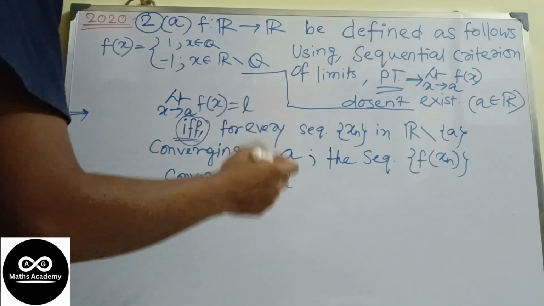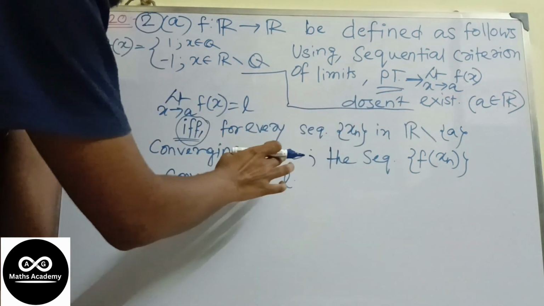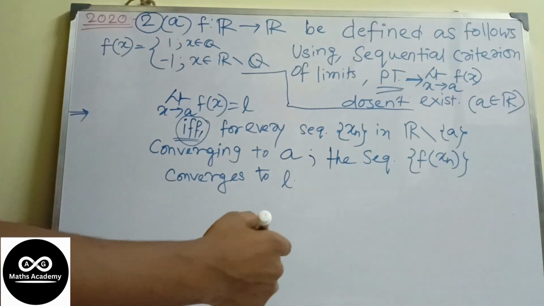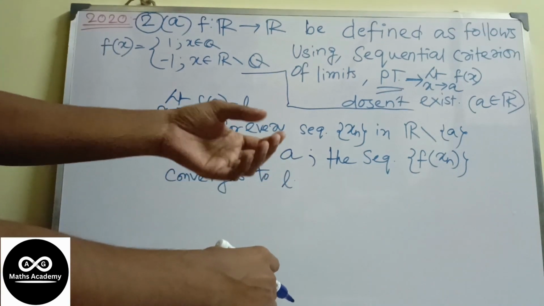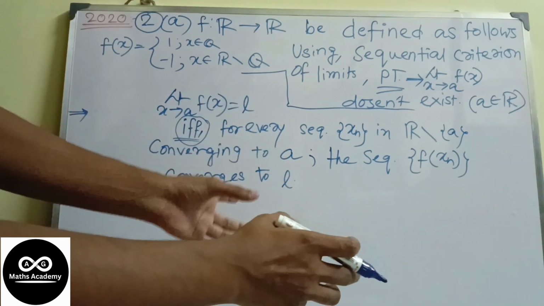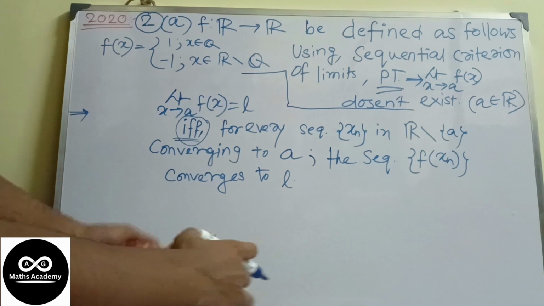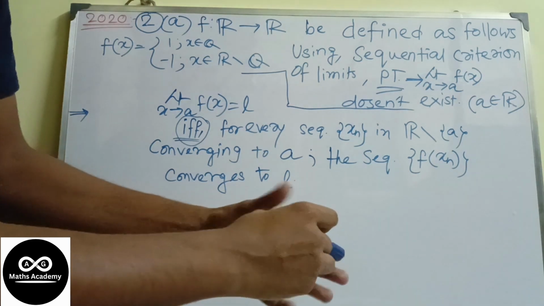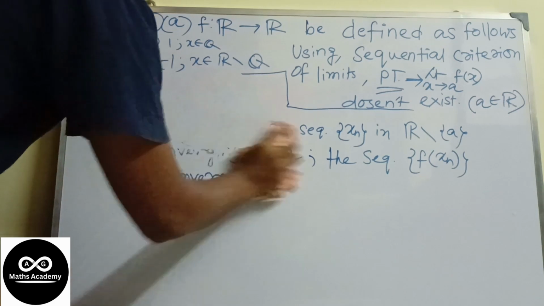Okay, so now how we're gonna prove this is we're gonna show that we take two sequences which are converging to A. So by this theorem, the sequence of their functional values must converge to a single limit. But they are not gonna converge to a single limit. That's what we're going to show.